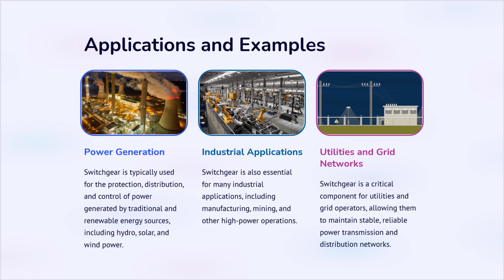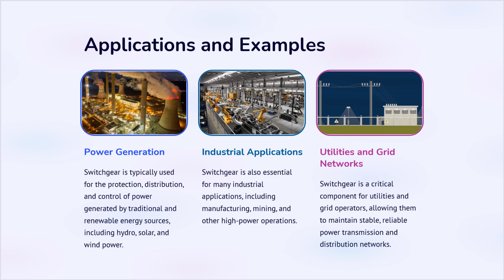Let's have a few application examples of switchgear. In power generation, switchgear is typically used for protection, distribution, and control of power generated by traditional and renewable energy sources. It also goes for industrial applications.